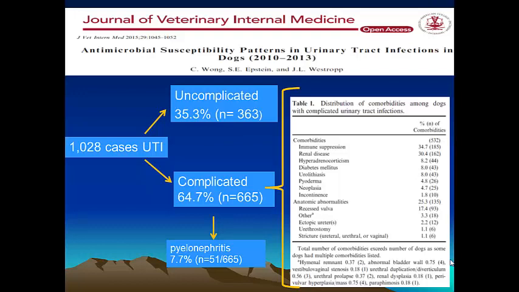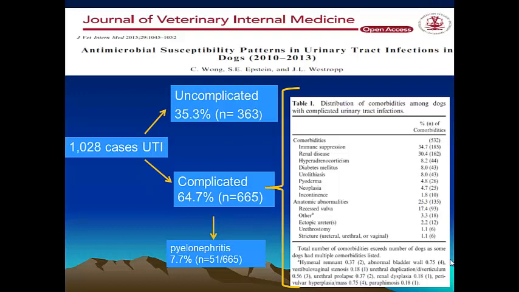So as you can see, they provided a table for dogs with complicated urinary tract infections, and they had the comorbidities identified at the time of diagnosis. Most of those dogs were being referred from a primary care veterinarian as recurrent infections. And they were also dogs that were undergoing treatment for many of the conditions reported here.